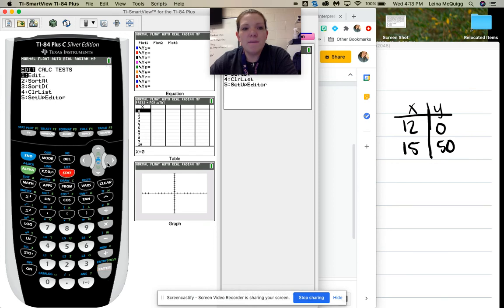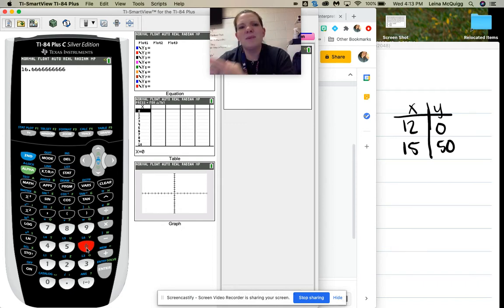Now we can do stat, go over to calc, go down to 4, and hit enter all the way down to calculate. And it tells me that the slope of this line is 16.6666 repeating.